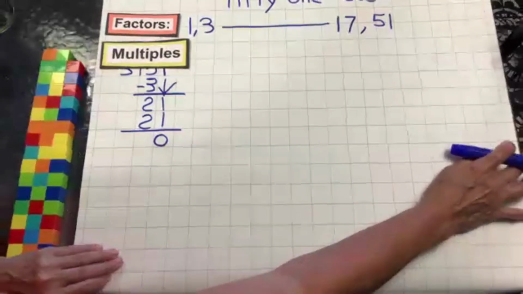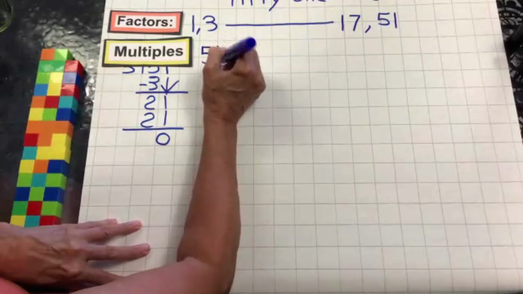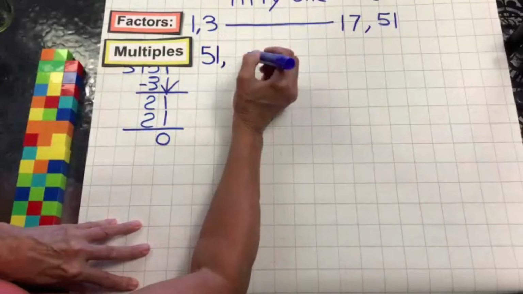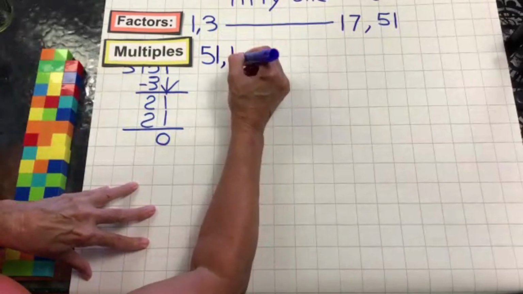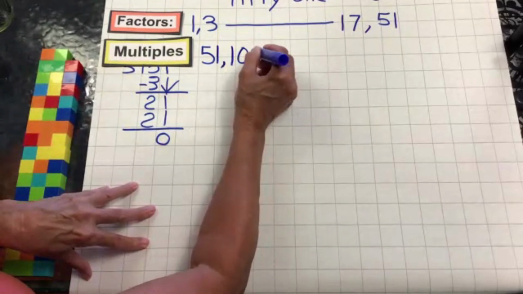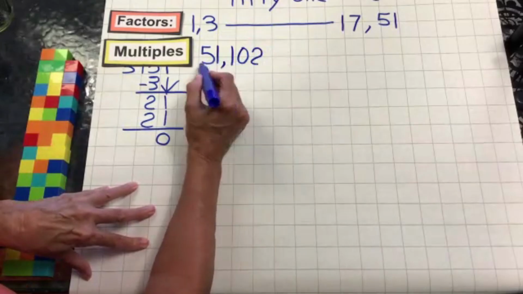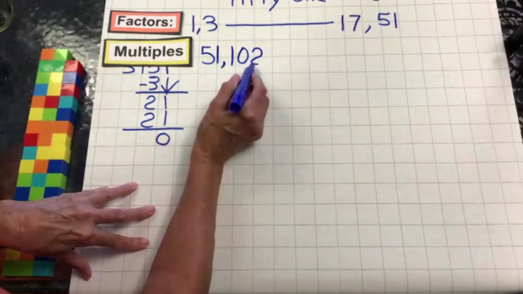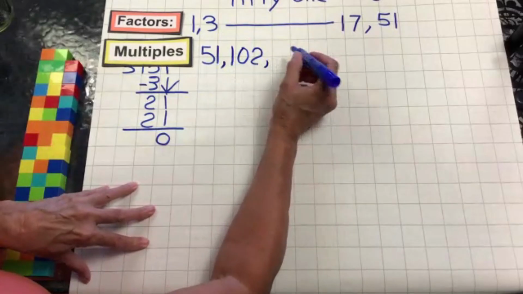So multiples of 51. So we know 51 times 1 is 51. 2 times 51 is 102. So 2 times 1 is 2, 2 times 5 is 10.